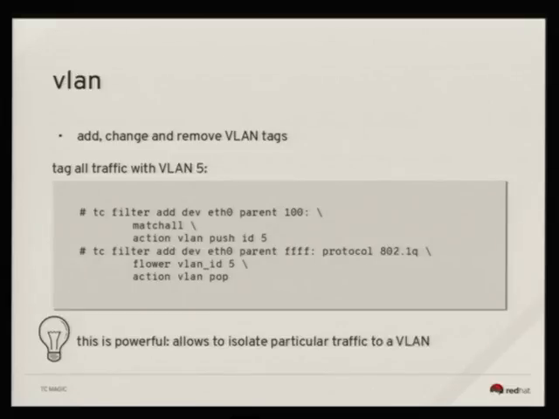Of course, in reality, we would probably want to do something with traffic that's not tagged or has a different VLAN ID. But yeah, this is just a simple example. This particular example is interesting because with this, you can actually separate different traffic, like for different hosts or for different TCP ports or whatever, to separate VLANs, which you cannot do any other way.